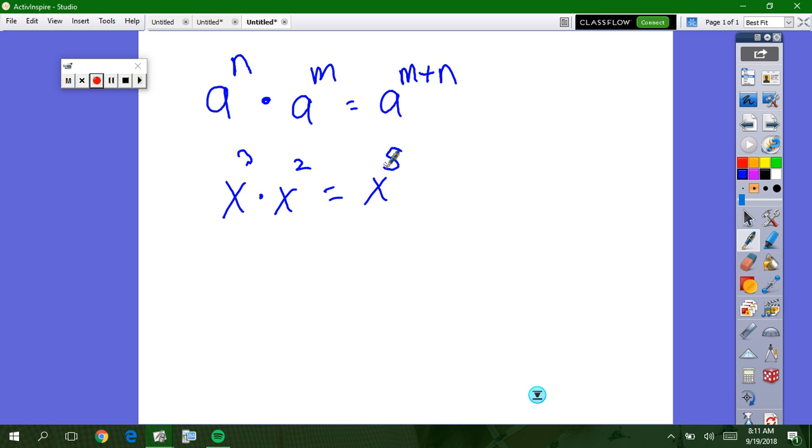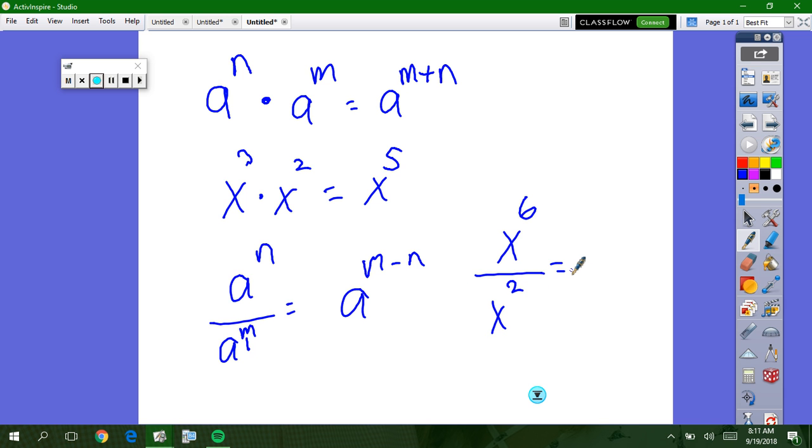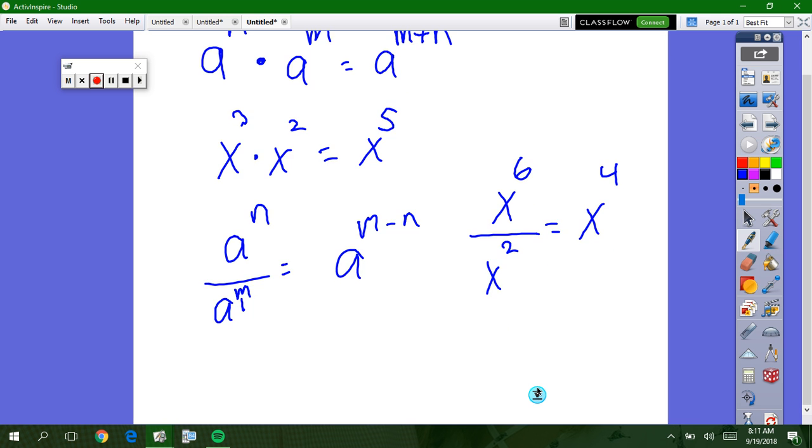What happens if I divide exponents? We subtract them, correct? So here's an example. What if I flip-flopped it?